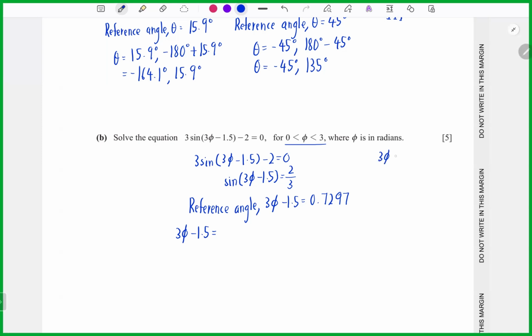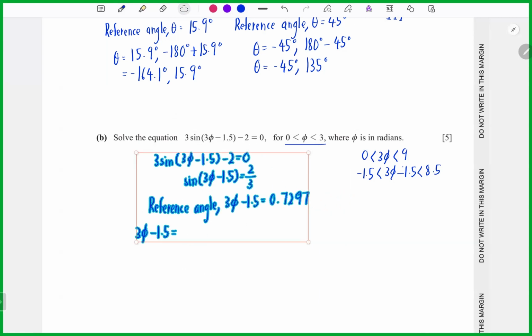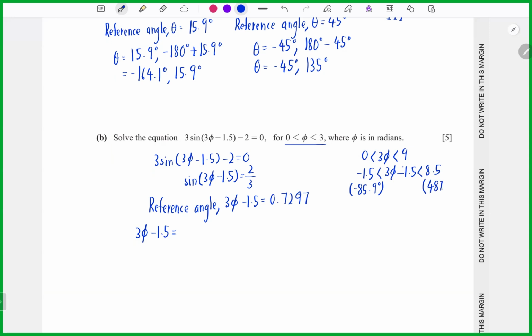So 3 times 3 is 9, minus 1.5. Okay, I write the degrees here. Negative 1.5 multiplied by 180 over pi, okay, negative 85.9 degrees.